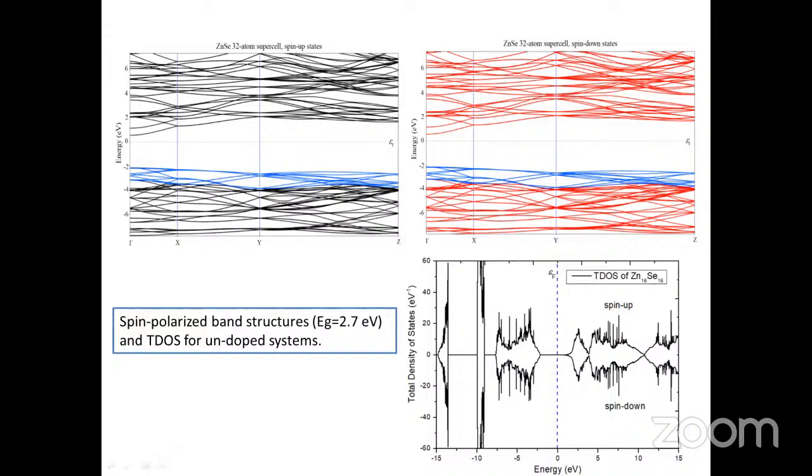The width of the band gap is equal to 2.7 electron volt. Note that these calculations were carried out using the local spin density approximation, and implementing the Hubbard corrections.